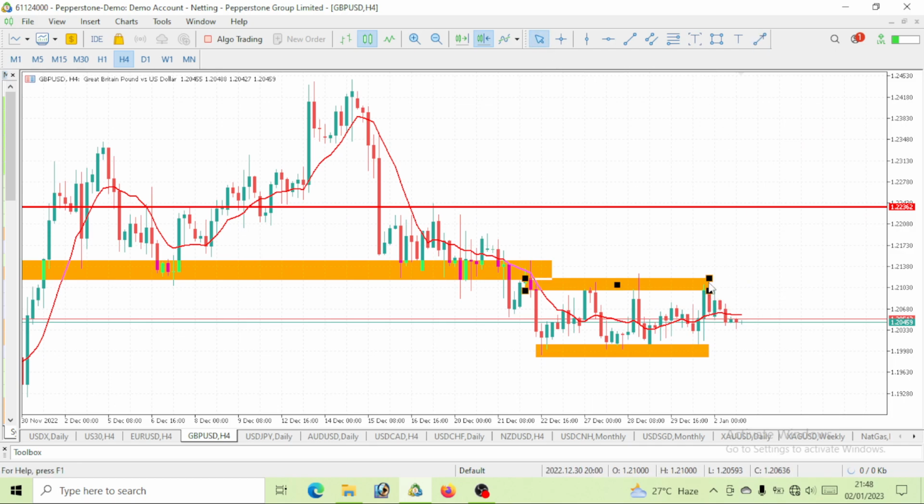This is the resistance level on the 4 hour time frame. So if price comes up to the resistance level, breaks it and gives us a pullback, then we can consider going bullish on GBPUSD. But as of now, the market is actually ranging.